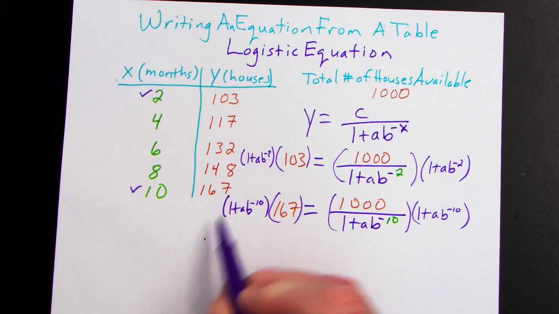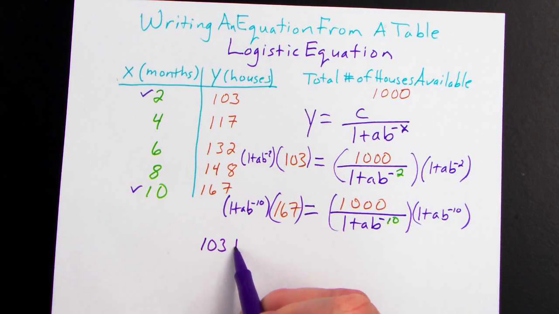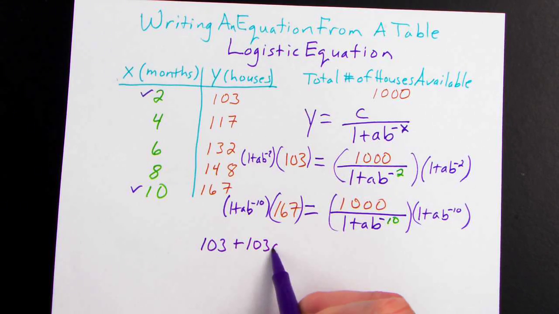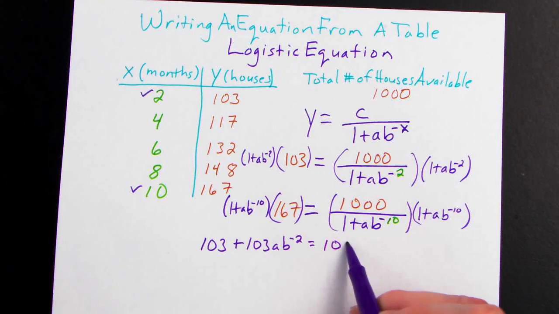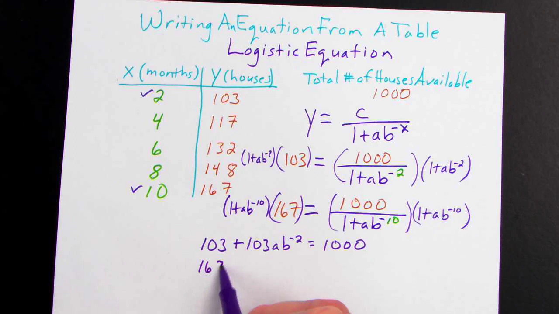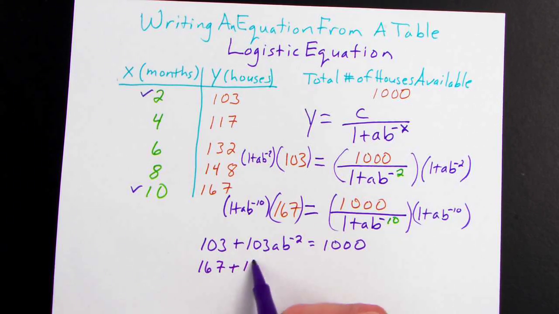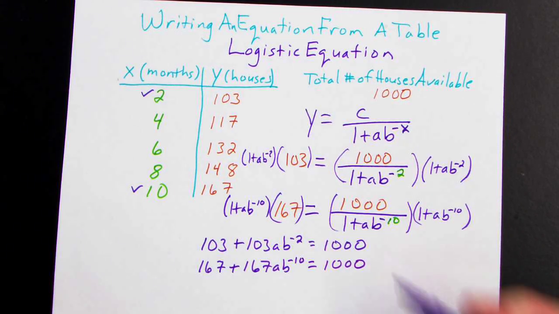So that gives me, when I distribute my numbers, 103 plus 103 AB to the negative 2 equals 1,000. And for the second one, 167 plus 167 AB to the negative 10 also equals 1,000.